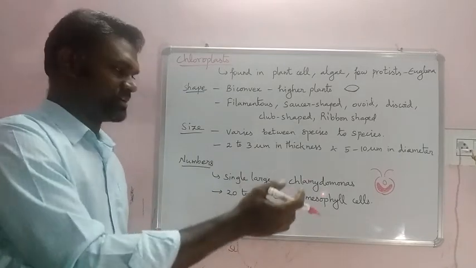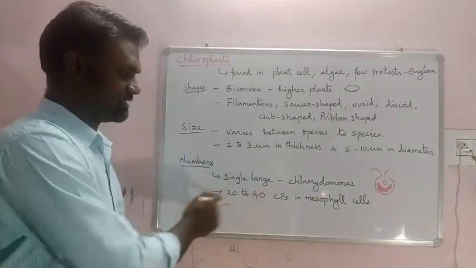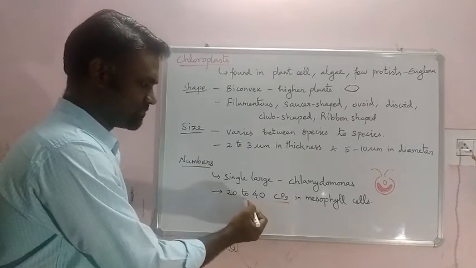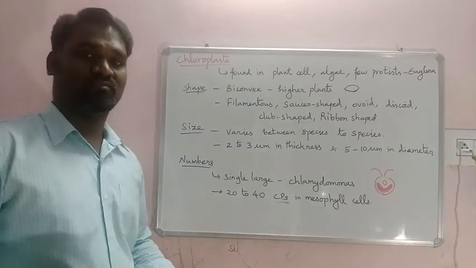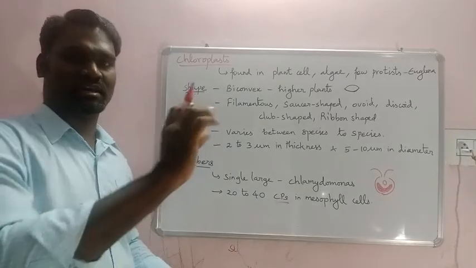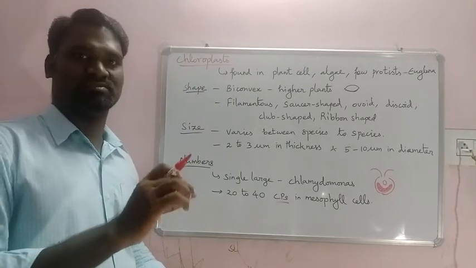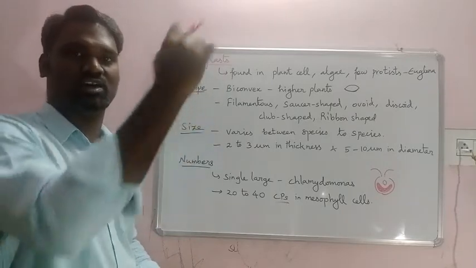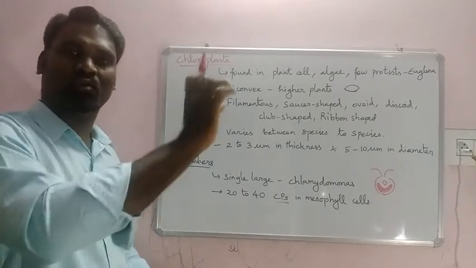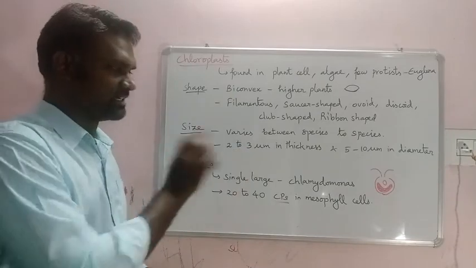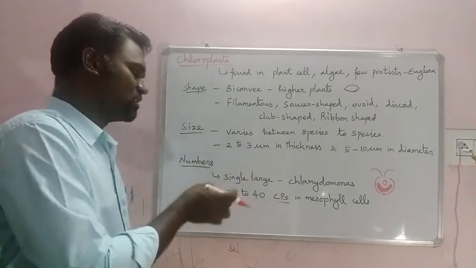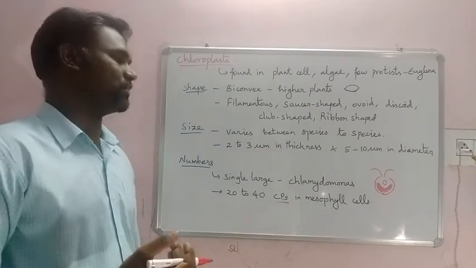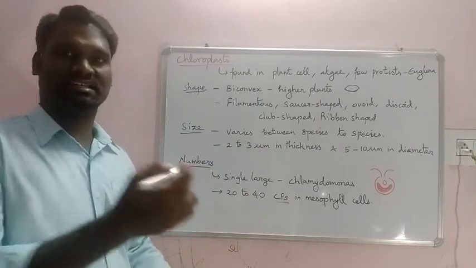Then the maximum number is in mesophyll cells, which contain the most chloroplasts. The number is 20 to 40 chloroplasts in the mesophyll cells. I hope you all know where mesophyll cells are, right? In the leaf structure, you must have seen the upper layer and lower layer, the dorsoventral region. Between that, whatever cells are available all come under mesophyll cells. Okay, guys, each cell there has 20 to 40 chloroplasts. So let us discuss their structure in the next slide.